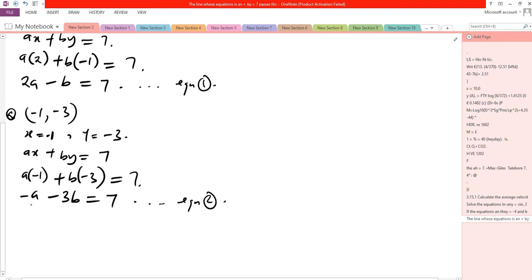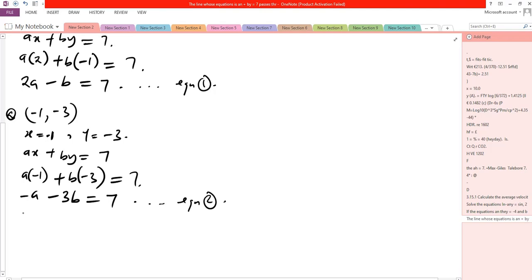Now to solve this, we are going to use the substitution method. But before we start, let's say we want to use equation 1, because in equation 1, the coefficient of b is -1.